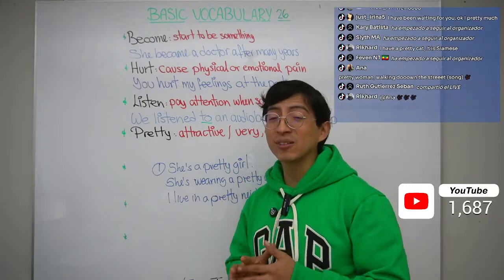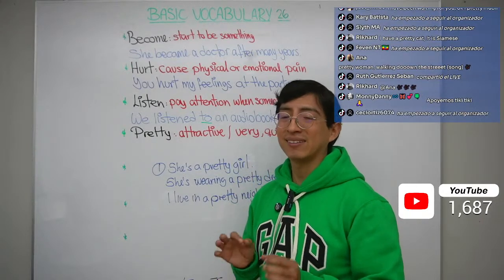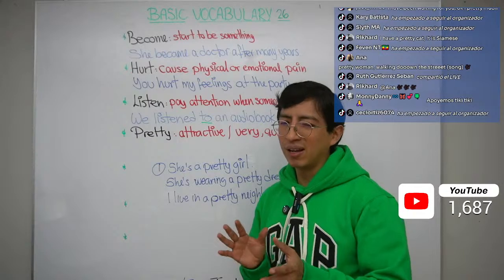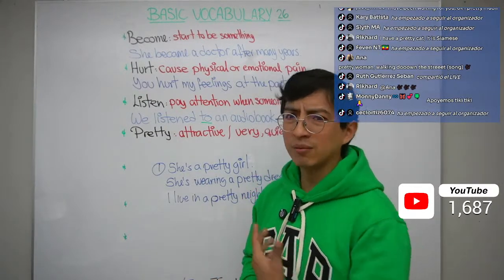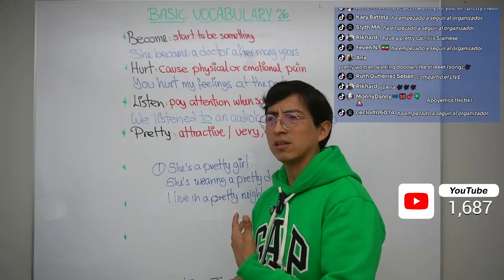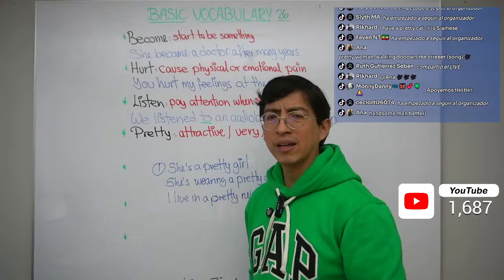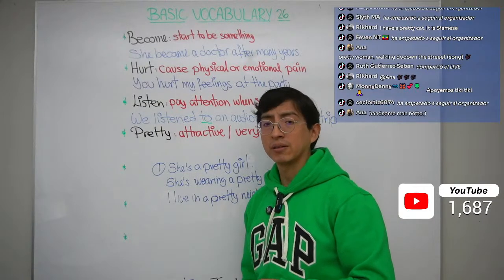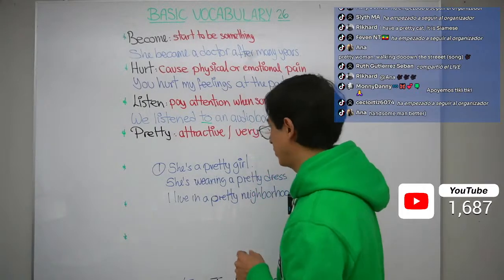In some cases, you can say, oh, he's a pretty boy. But if you want to say that boy is handsome, it's much better, no? Hey, that boy is very handsome. But pretty boy is very common, huh? He's a pretty boy.